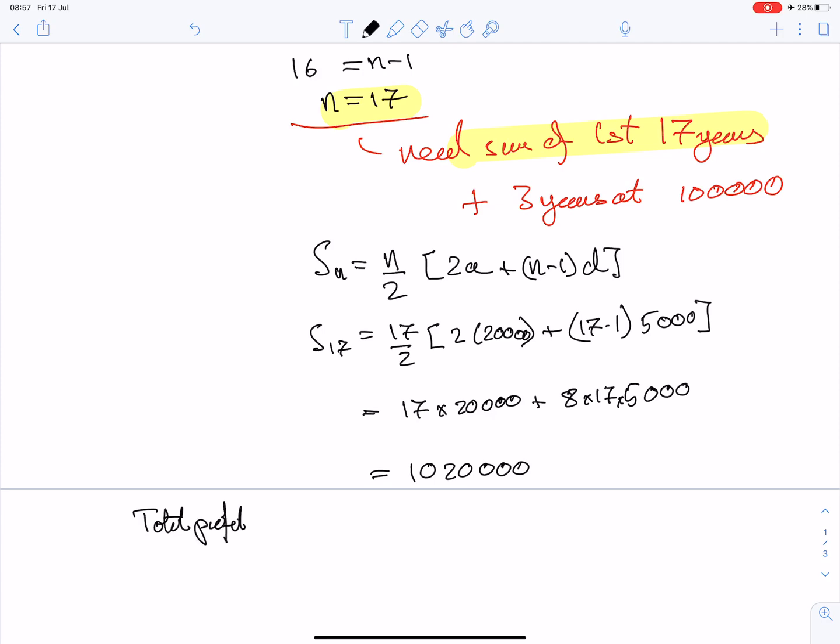So we've got plus 3 lots, so we've got 1,020,000, the first 17 years, plus the last 3 years, where his profit then stays fixed at £100,000.